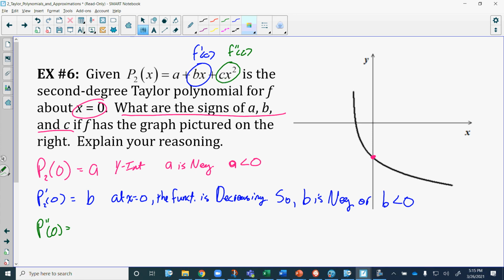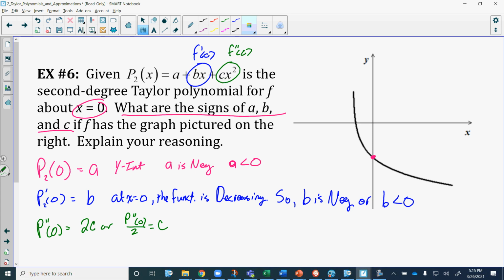Well, if I take the second derivative there, I'm going to wind up with either 2c, or I can think of it as p double prime of 0 over 2 is equal to c. And that's another thing that we did in our investigation. We just want to know what c is.